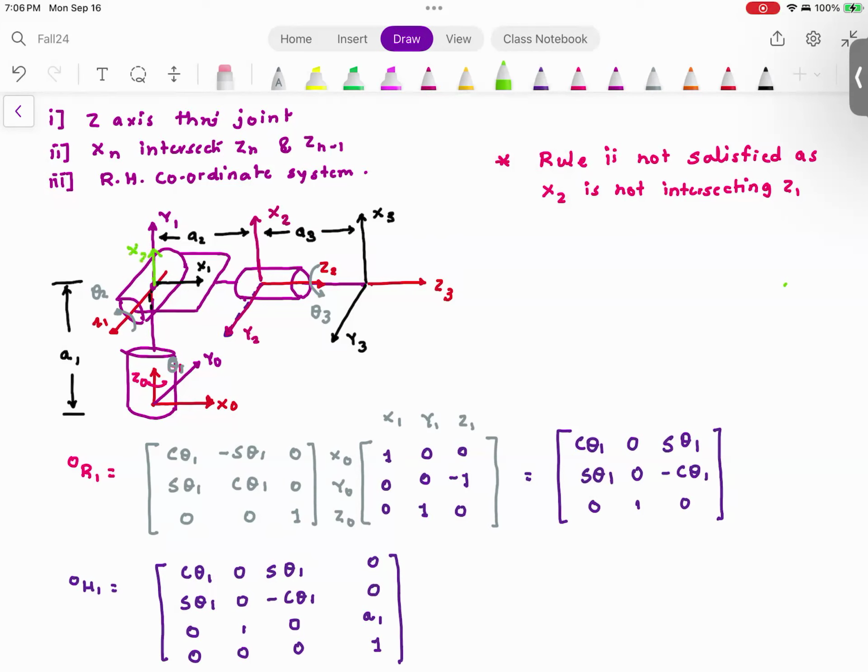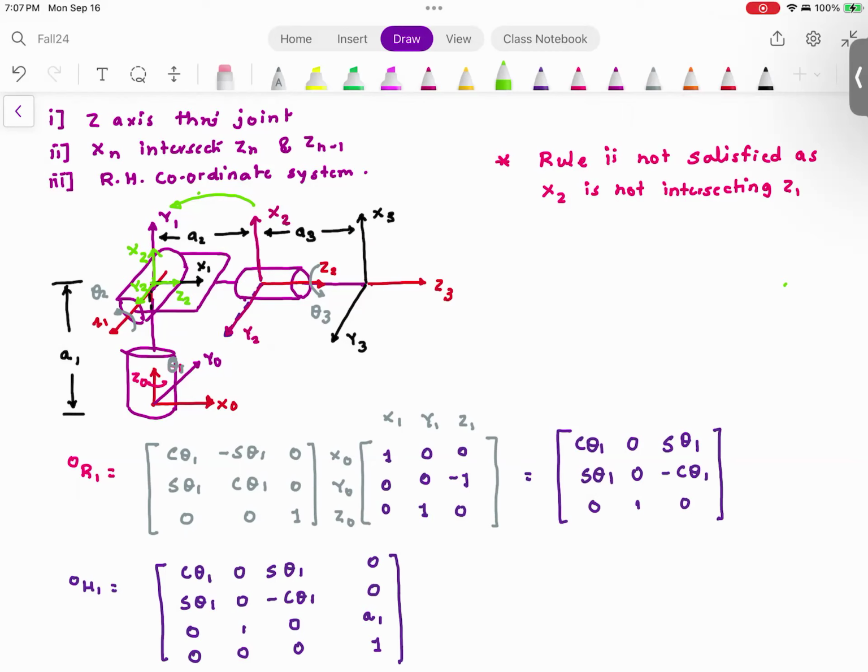So now this is my x2, this is my z2, and this is my y2. As soon as I moved that frame x2, z2, and y2 from its original location onto the previous frame, can you see all the 3 rules are satisfied? Are you with me? All the 3 rules are satisfied.